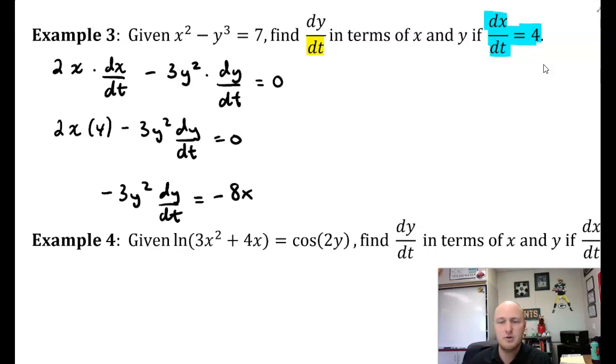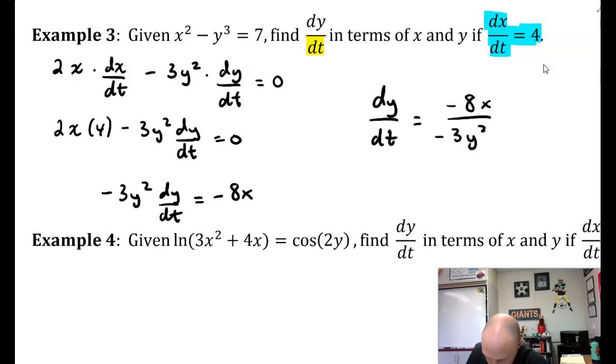I just multiplied the 2 and the 4 and moved it to the other side. So I have negative 8x. And thus, in terms of x and y, dy/dt is equal to negative 8x divided by negative 3y squared. And of course, we can cancel out those negatives to give us 8x over 3y squared.